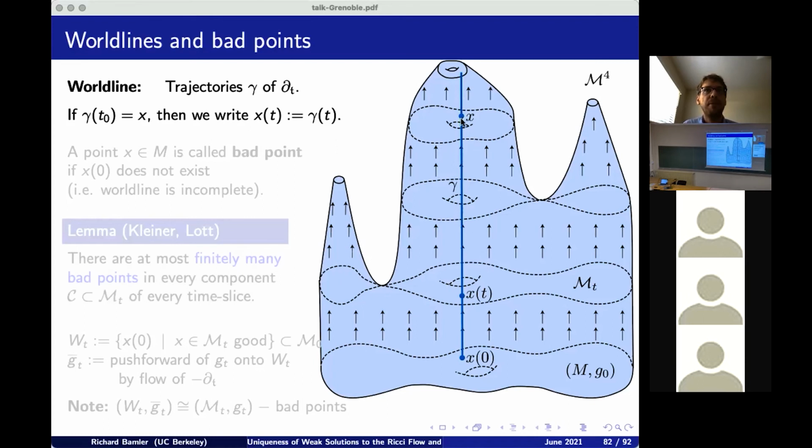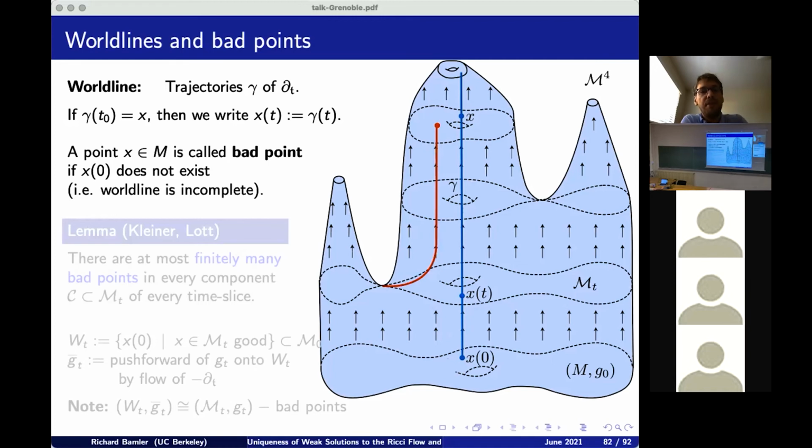So if I'm given some point x, then x(t) will just be the point on the world line through x intersected with the time t slice. And of course there's a corresponding point x(0), which is just the projection down to time 0 along the trajectory.